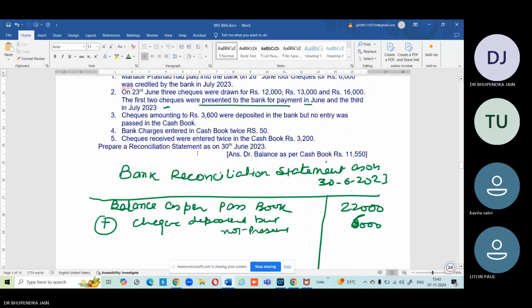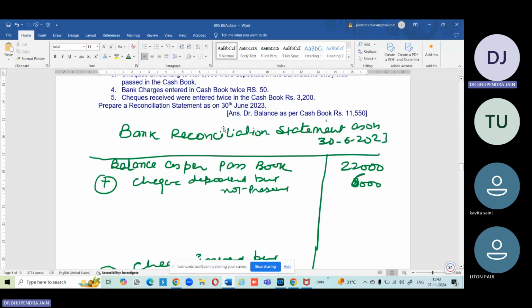Next. Check amounting to 3,600 were deposited in the bank, but no entry was passed in the cash book. मतलब bank have increased the balance, but in books of account, no. In that case, we have to subtract from the passbook balance. क्या करेंगे बेटा?